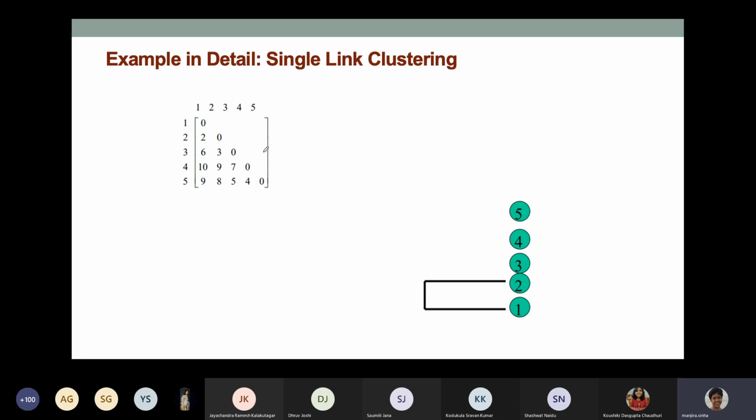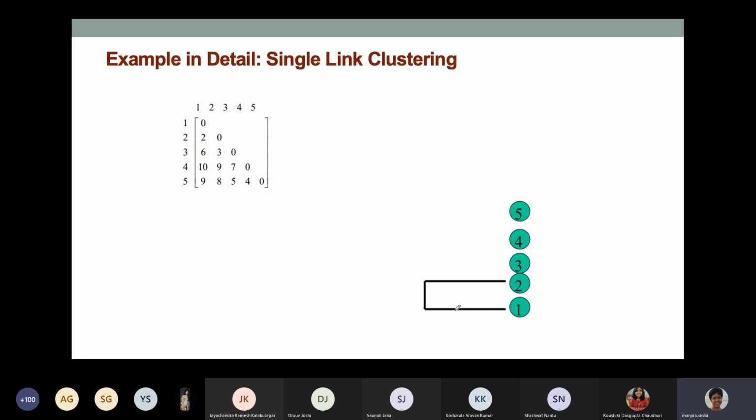So now let us start with single link clustering. In single link clustering, we consider the closest pair of clusters across the clusters, right? So let us first see the closest pair, that is, the one having the least distance, which is nodes 1 and 2.